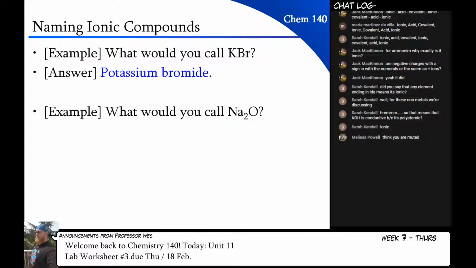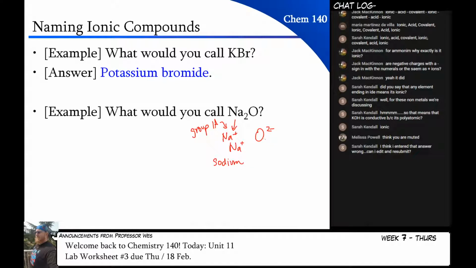Okay. Let's look at this compound here. So we got Na, which is this ion right here. I got two of those. And I got oxygen, which is this ion right here. So we're going to do what the rules tell us to do. Name the metal, sodium. That's what this is, right? It's in group 1A. So I'm not going to put the charge after it.